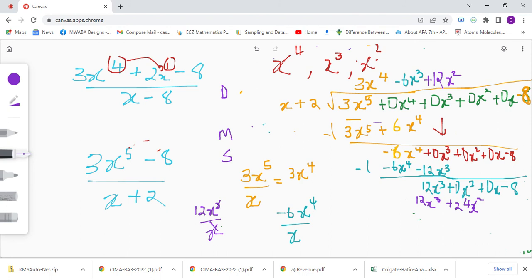We subtract. 12x squared minus 12x squared, 0. 0 minus 24x squared, we get negative 24x squared.